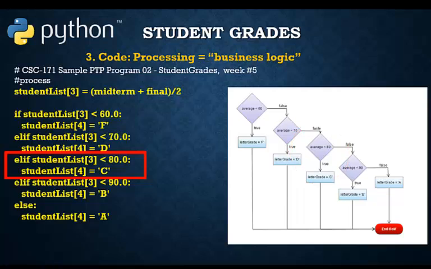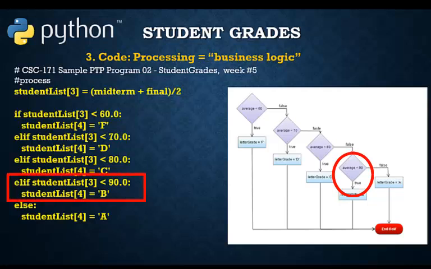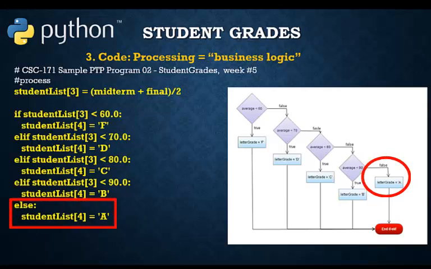If that is true, we assign the letter grade of C. But if it was not less than 80, we check, well, was it less than 90? If that is true, we assign the letter grade of B. Finally, if it wasn't less than 90, then we assign a letter grade of A.